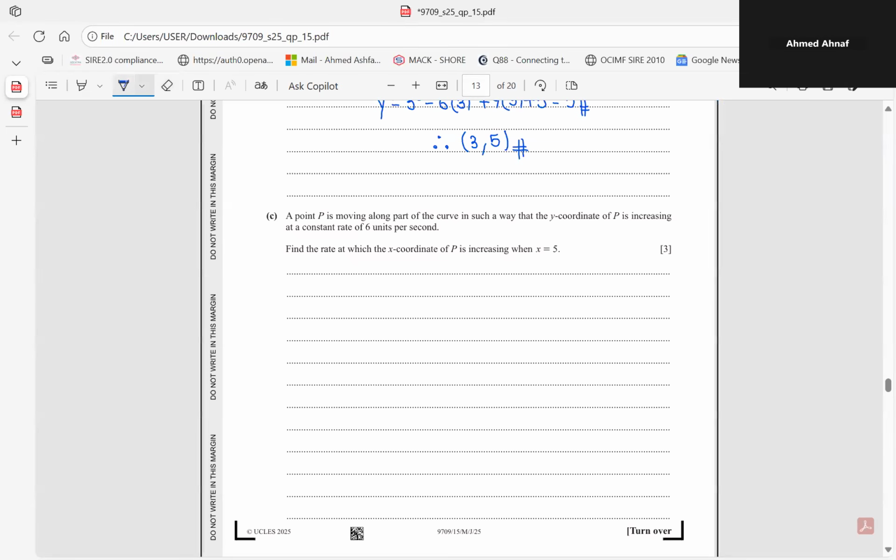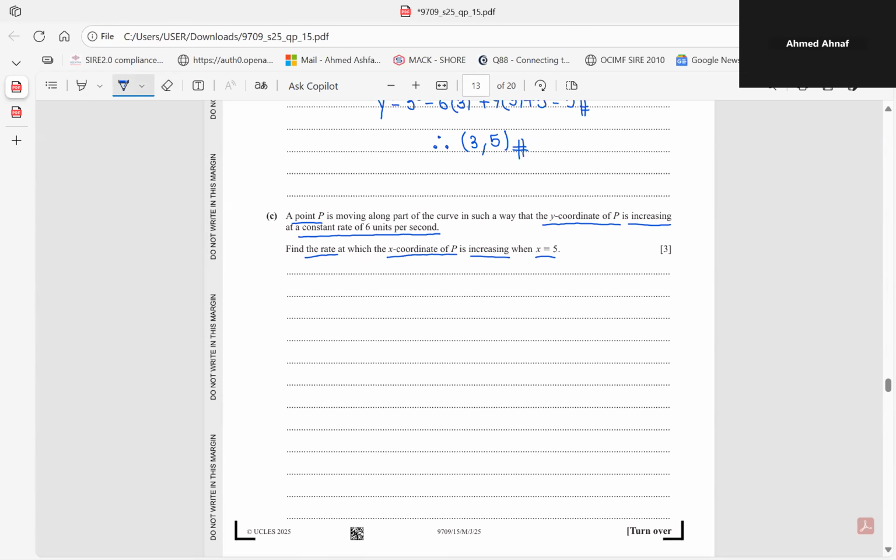Okay, so for this final part, we're told a point P is moving along a part of the curve in such a way that the y-coordinate of P is increasing at a constant rate of 6 units per second. And we're going to have to find the rate at which the x-coordinate of P is increasing when x equals 5. So first of all, we're going to form an equation with all this info. The y-coordinate of P is increasing at a constant rate of 6 units per second.